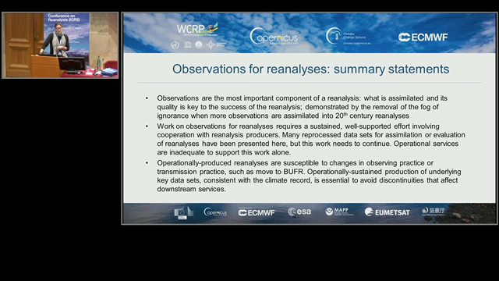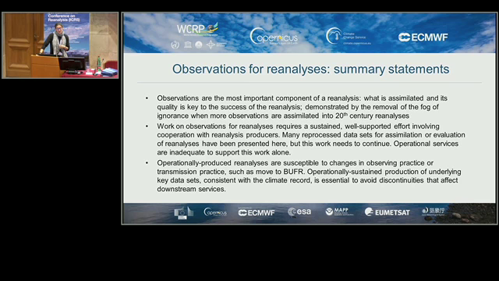Many reprocessed data sets for assimilation or evaluation of reanalyses have been presented here. We had a lot of excellent posters on these kinds of data sets and some oral presentations, but this work needs to continue. Operational services by themselves are inadequate to support this research work alone.